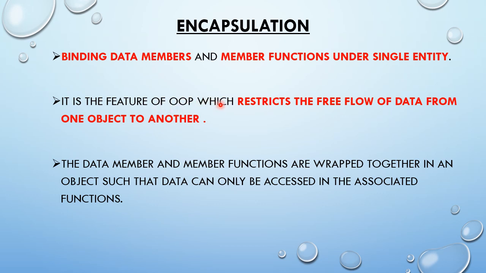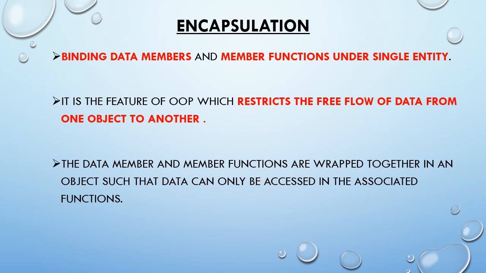There is a restriction on the free flow of data. Fine. And the data members and member functions are wrapped together in an object such that data can only be accessed by the associated function.